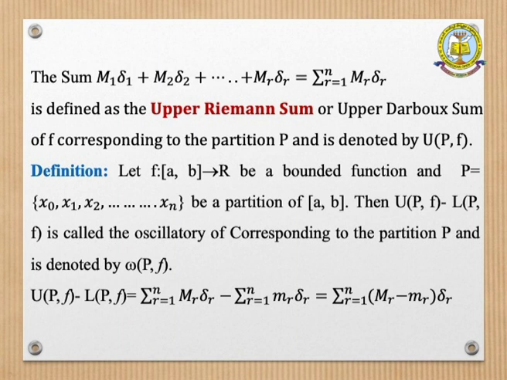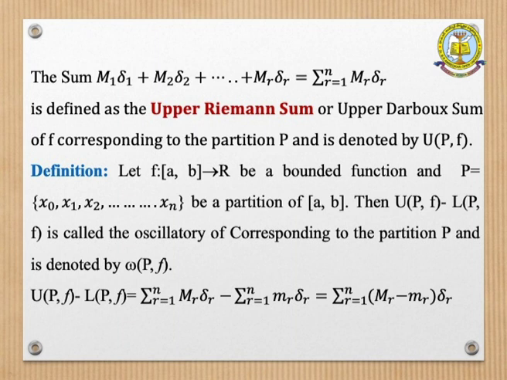That means sigma r equal to 1 to n of (Mr minus mr) delta r, where capital Mr is the supremum of f on Ir, small mr is the infimum of f on Ir.